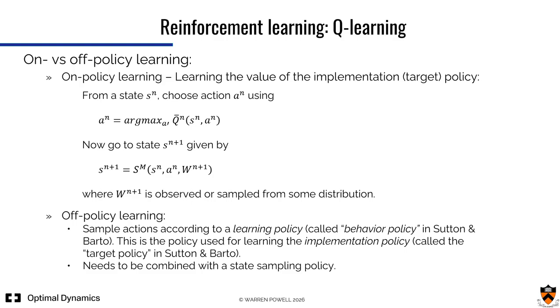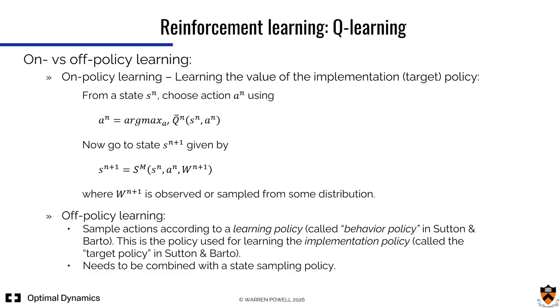And so it may follow a certain path that only finds the reward 20% of the time, where maybe you would have a much better algorithm that would learn to find the reward 40% of the time. Okay. Off-policy learning is when you're sampling actions according to the learning policy. Okay. Now, the learning policy is assumed not to be optimal. Generally, it's going to be very much explicitly not going to be optimal.